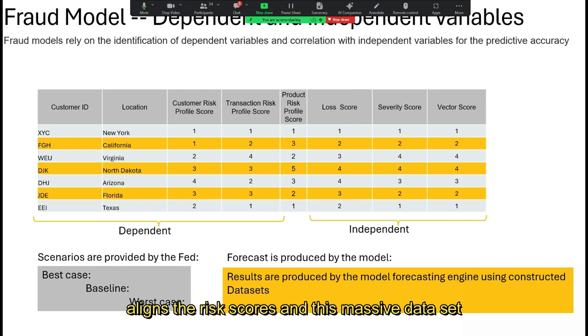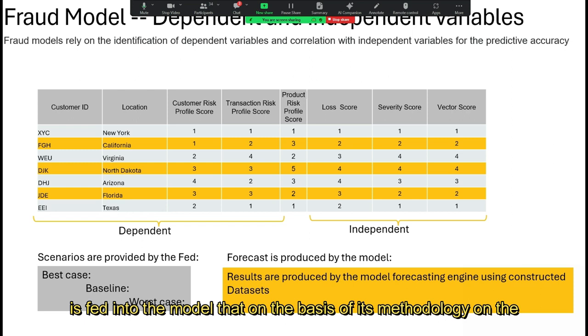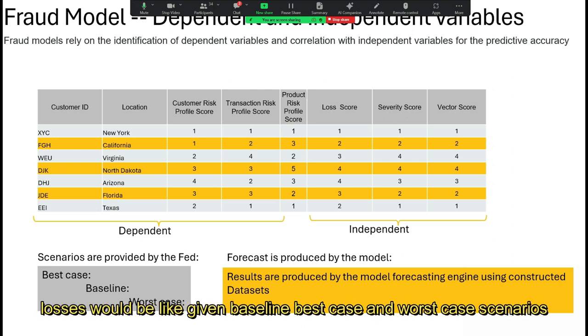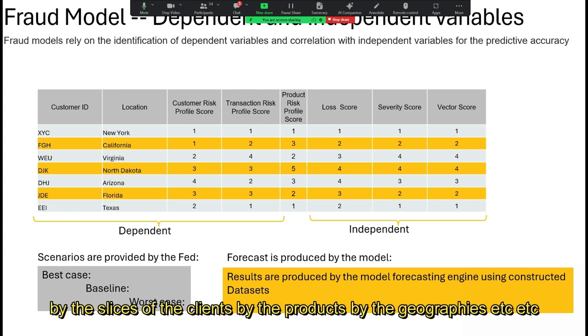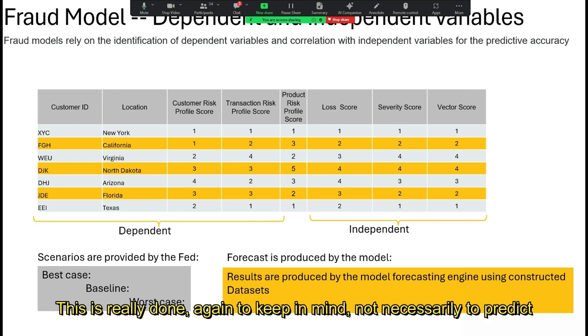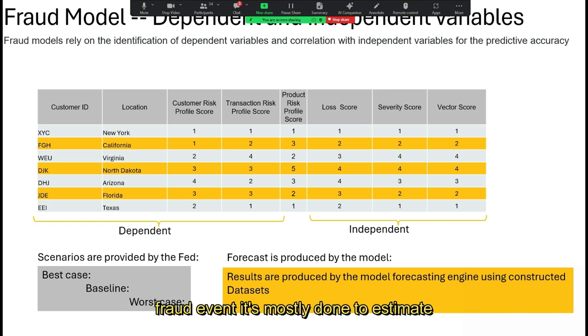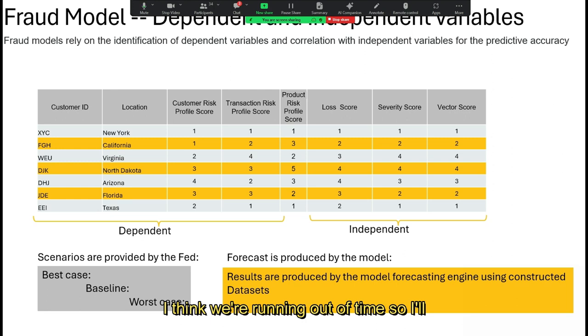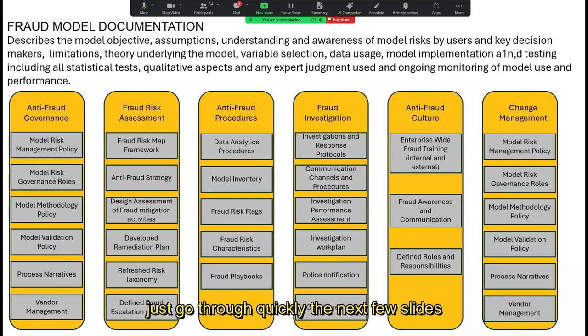This massive data set is then fed into the model that, on the basis of its methodology and its construct, predicts what the losses would be like given baseline, best case, and worst case scenarios by the slices of the clients, by the products, by the geographies, etc. This is really done, again, to keep in mind, not necessarily to predict a fraud event. It's mostly done to estimate the impact in dollars of what the fraud event would be like for the purposes of capital planning.